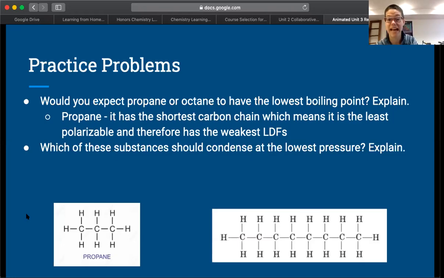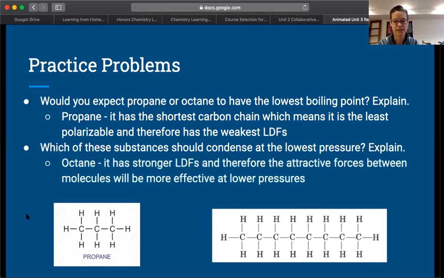So going from a gas to a liquid, and lowest pressure here means that you don't have to push it to make it happen. It just happens on its own. So who is going to have stronger forces? Stronger forces. So the one on the right.